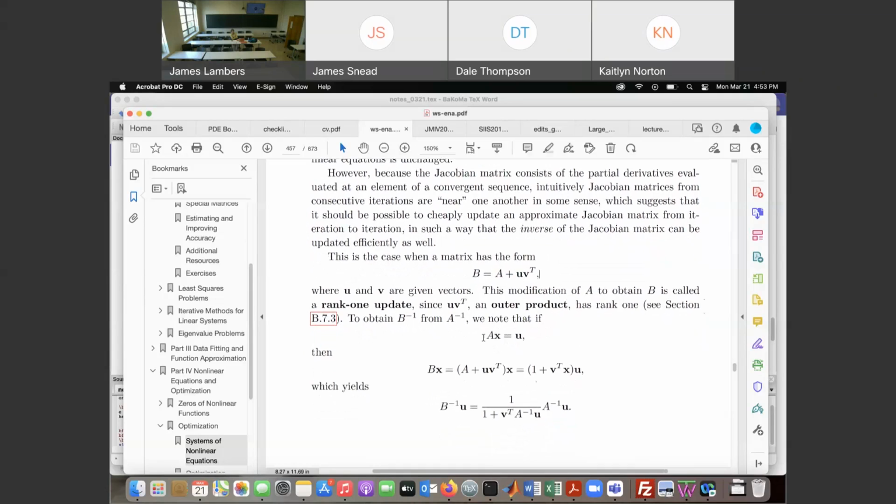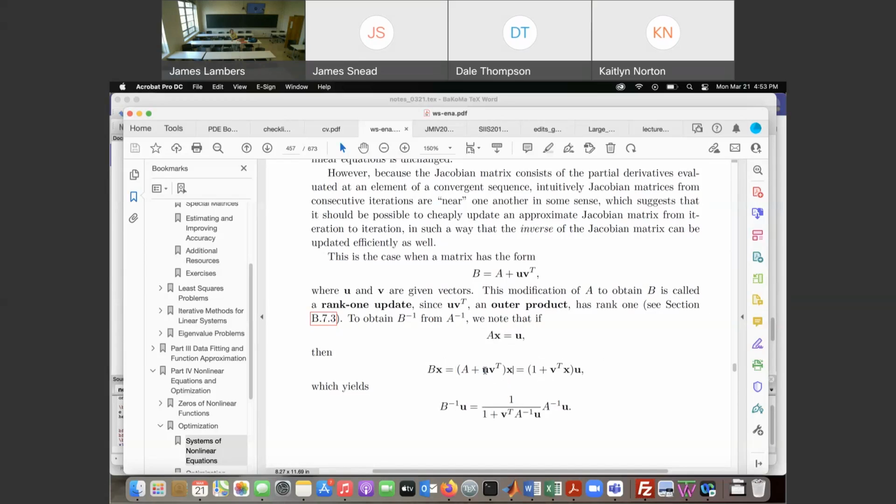So first, suppose I define the vector x so that Ax is equal to u. And A is invertible, so x is just A inverse u. So now if I compute Bx, then Bx would be equal to this times x, just by the definition of B. But then A times x is equal to u.